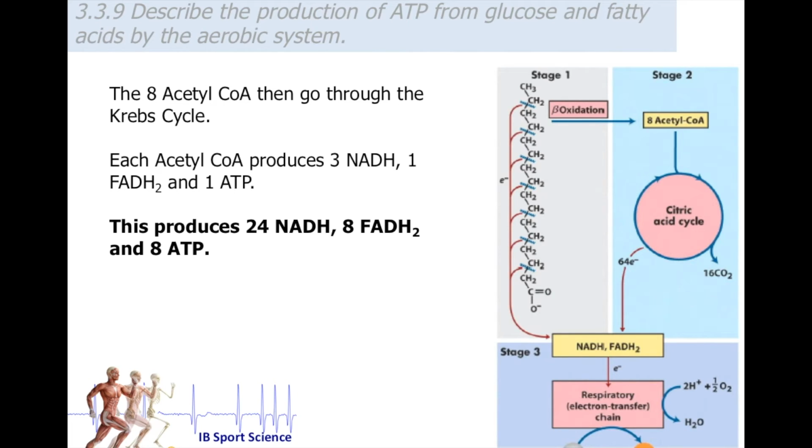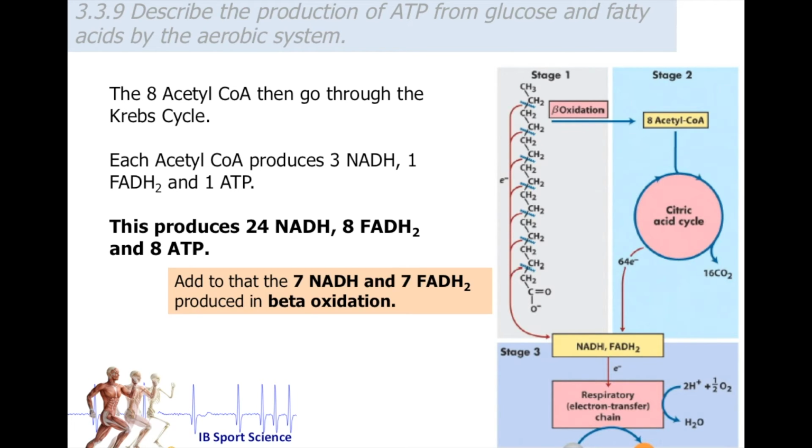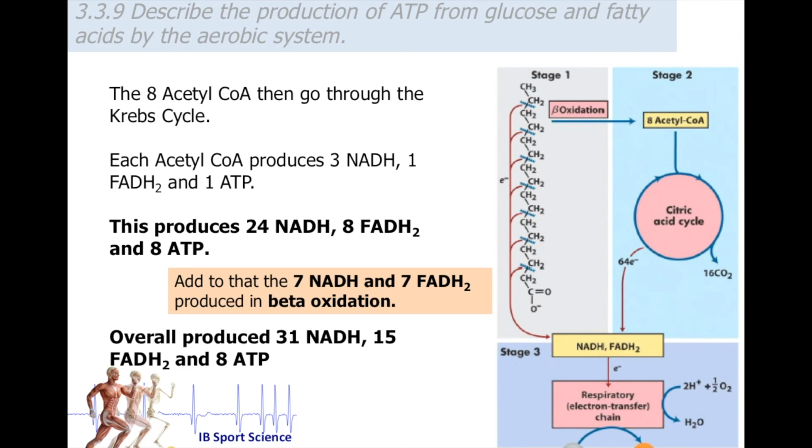Still with me? Okay, what we need to do is add on the NADH and FADH that were produced in beta oxidation. So that accounts for an additional 7 NADH and 7 FADH too. So overall, the breaking down of that palmitic acid chain produces 31 NADH, 15 FADH2, and 8 ATP.